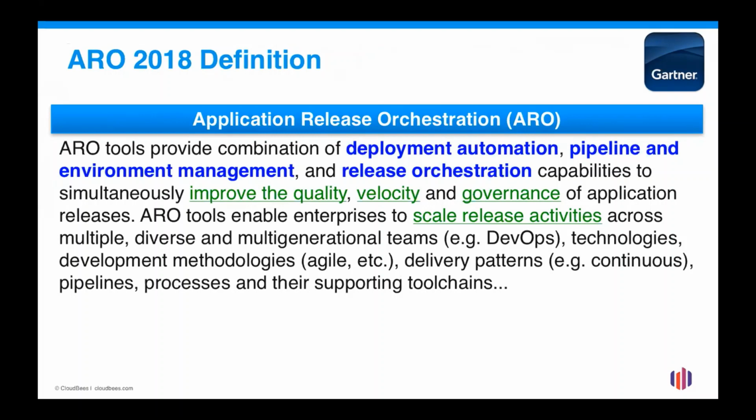The first one is quite technical and is deployment automation: how to automate the deployment of an application towards a target. We could say an environment, a machine, a server, a cluster, or whatever it is. It can cover all the technologies.